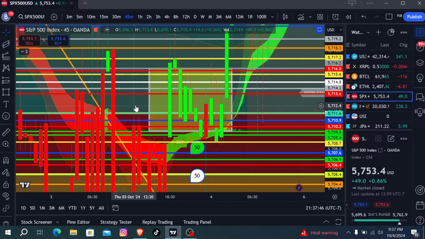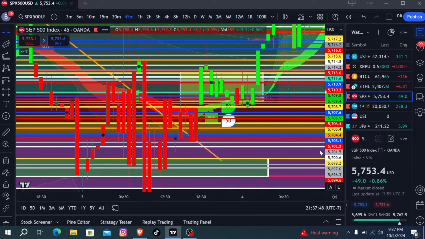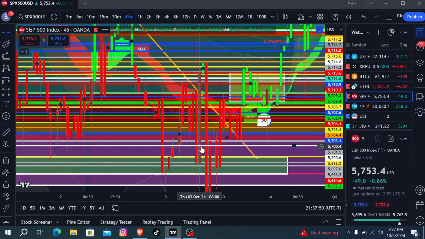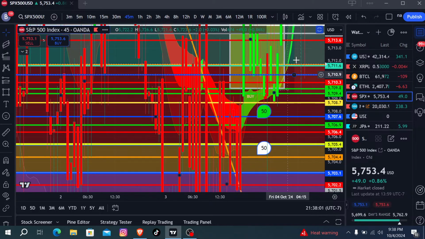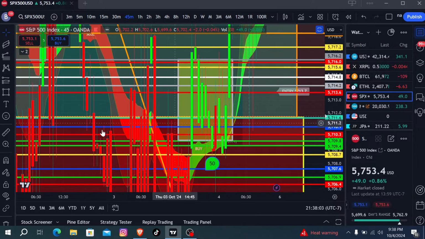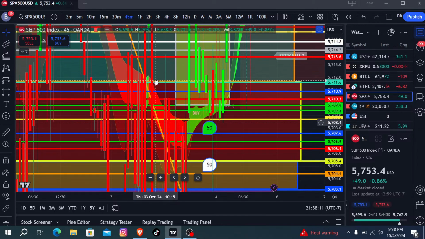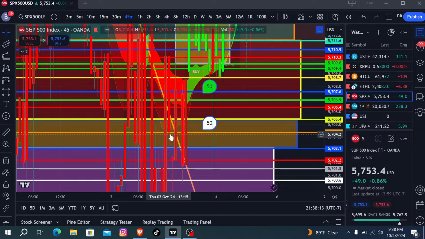This right here. One thing that I noticed was that we kept on rejecting this area right here since Wednesday. This was the blue line, but we kept seeing this all day. And then at the end of the day, I think we closed here.